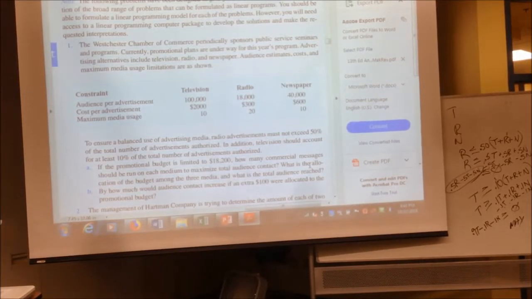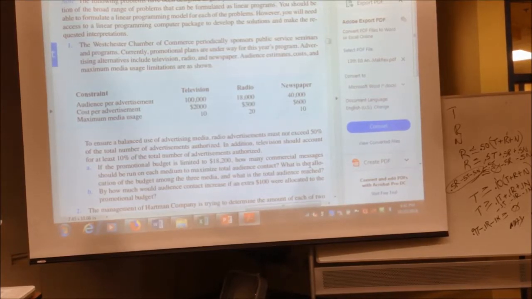You have 100,000. We're trying to have as many people reached, so 100,000 times T. Radio, 18,000 times however many radio ads we're going to have, plus 40,000 times however many newspaper ads. There's what we're trying to maximize, according to that sentence.